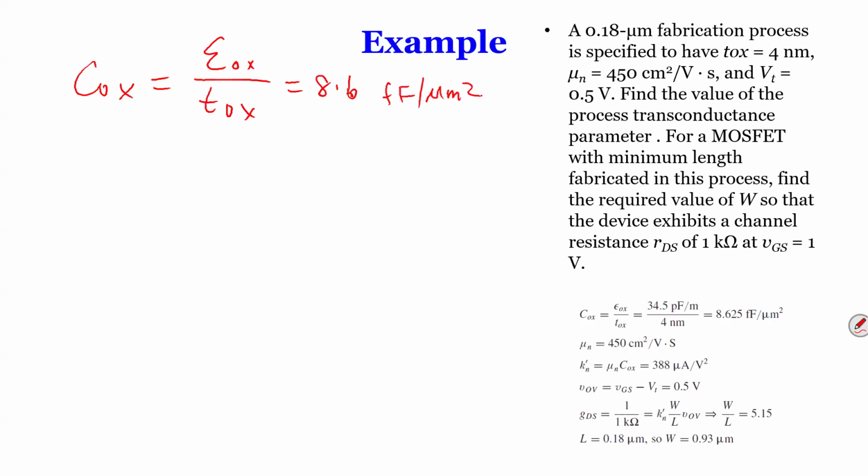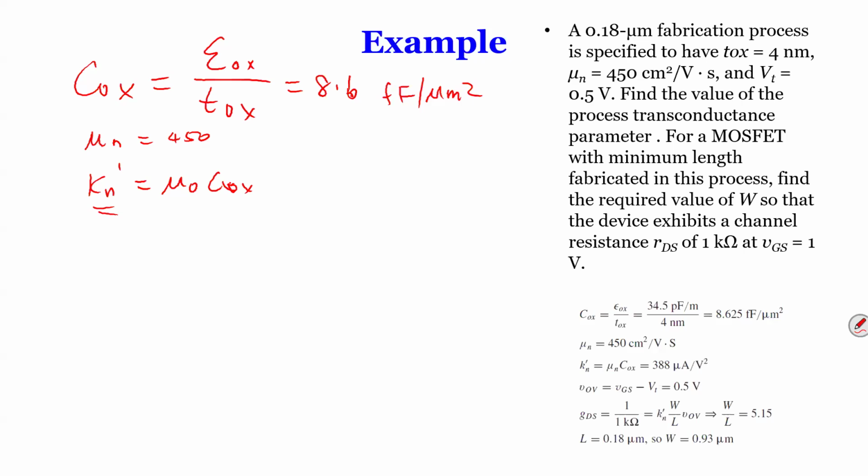So this gives you a number, right? And mu n is already given, 450. So we can then calculate this number. This number is called Kn prime, which is mu n times COX. Of course, you can get some value.